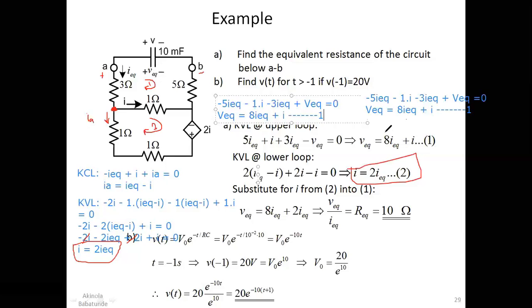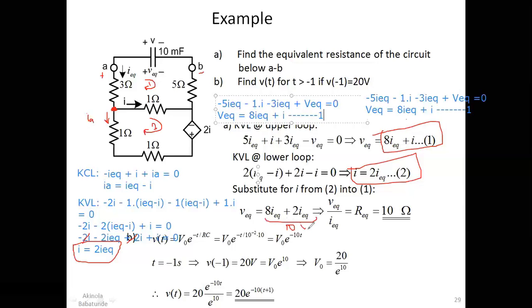So I've been able to show you how we got equation 1 and equation 2 from here. If you combine equation 1 and 2 by substituting I equal to 2IEQ into equation 1, what you would eventually find out is that V equivalent would be equal to 8IEQ plus I, and I is 2IEQ. So that would mean V equivalent would be equal to 10IEQ.